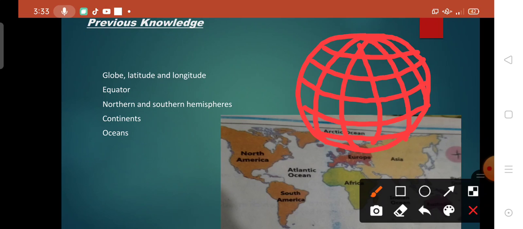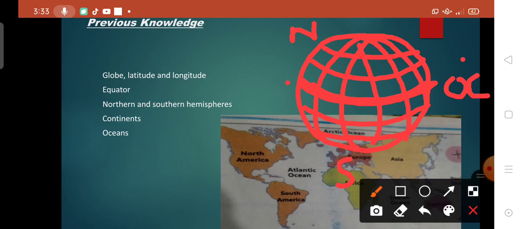And on the globe we have one horizontal line of 0 degrees which divides the earth into two equal parts, north pole and south pole. This line is known as the equator.